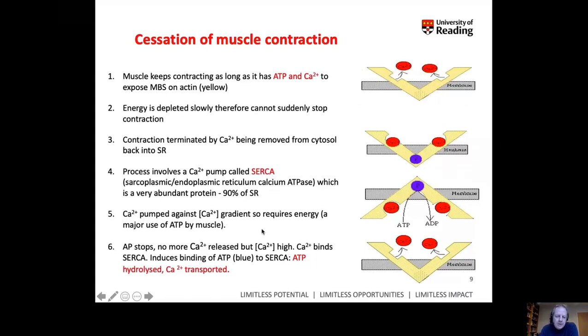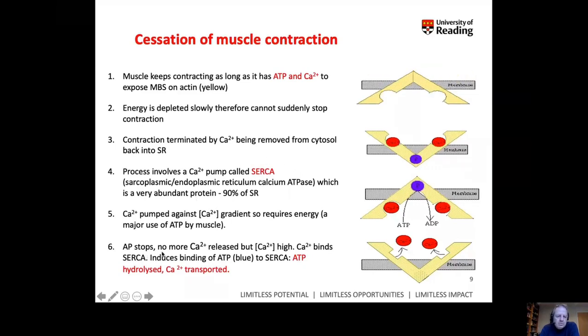During muscle contraction, we get a large increase in intracellular calcium, as shown on those previous slides. If we want to stop muscle contraction, calcium must be pumped back into the SR stores, back into the terminal cisternae, using this protein SERCA.